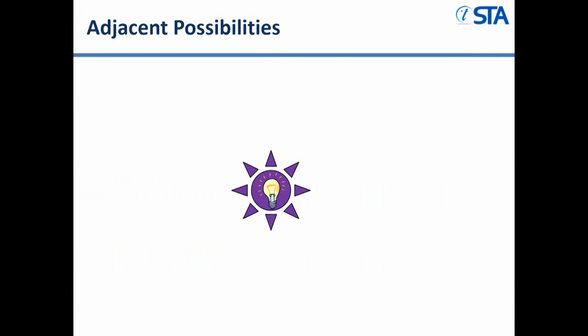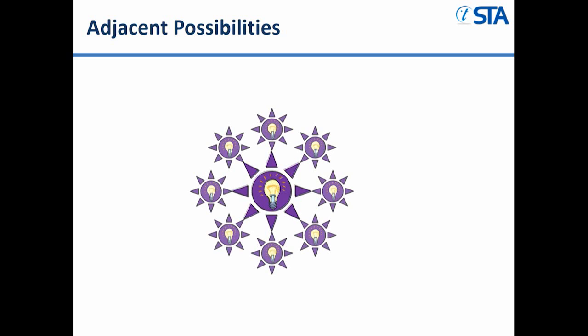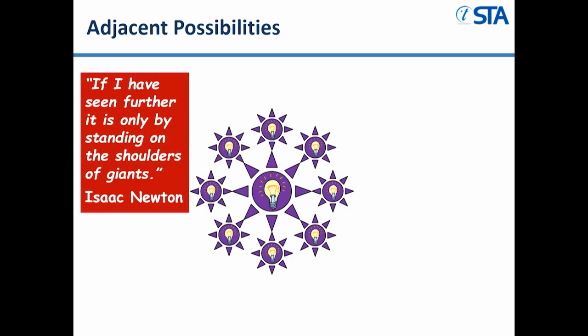So I want to introduce the idea of adjacent possibilities. Adjacent possibilities says, okay, somebody has an idea. Once somebody has an idea, as long as there is good communication, lots of other people now know about that idea.